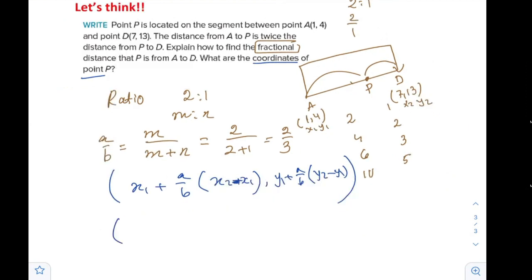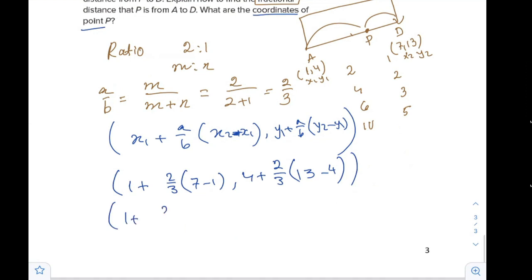Okay, so x1 is 1 plus 2 over 3, x2 minus x1, meaning 7 minus 1, y1 is 4 plus a over b, which is 2 over 3, y2 minus y1 means 13 minus 4.